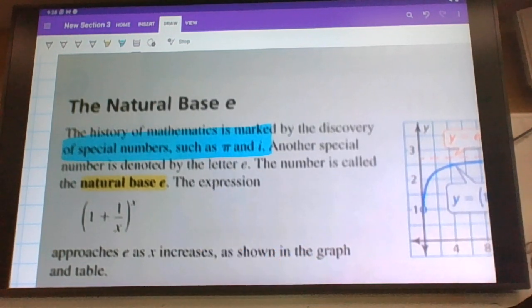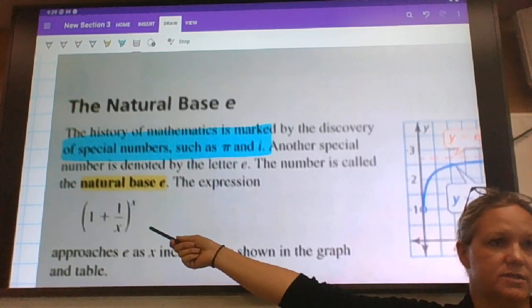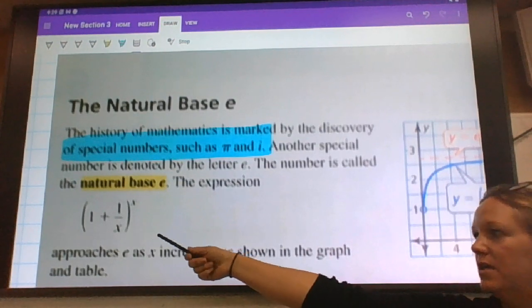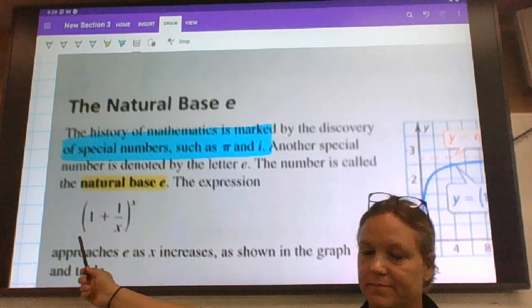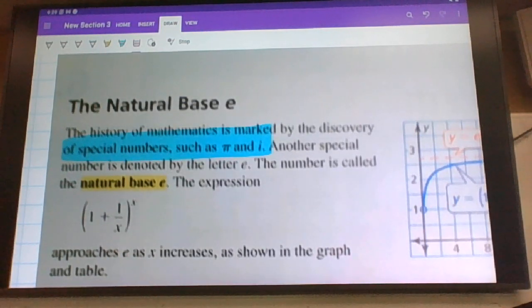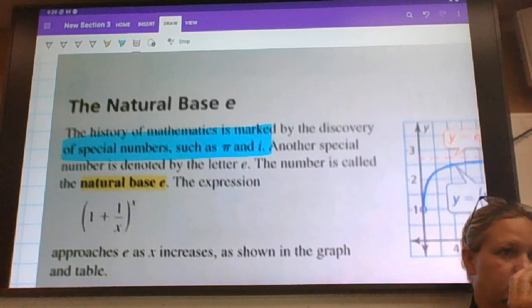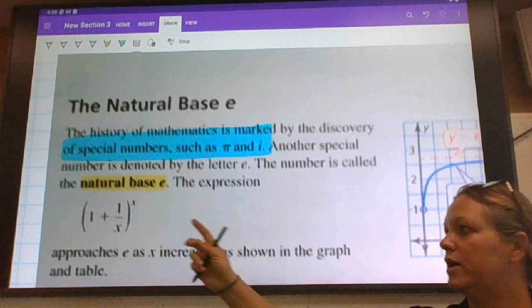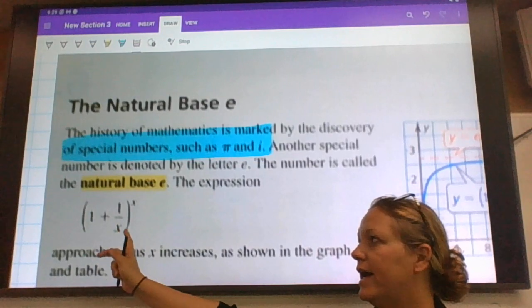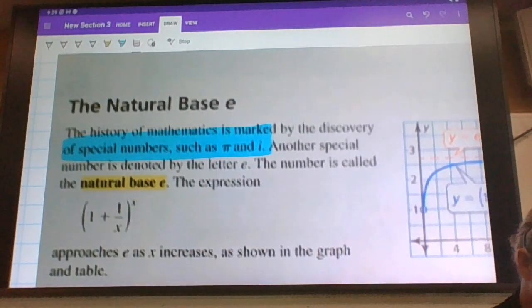Okay, so E is not a typical variable. It stands for a number. E comes from this expression. So this is your answer to number 2. Number 1. Okay, yeah. So it looks a lot like the middle of the credit card problem, the formula, right? It's 1 plus 1 over x all raised to the x. So it's very much related to that compounding interest.